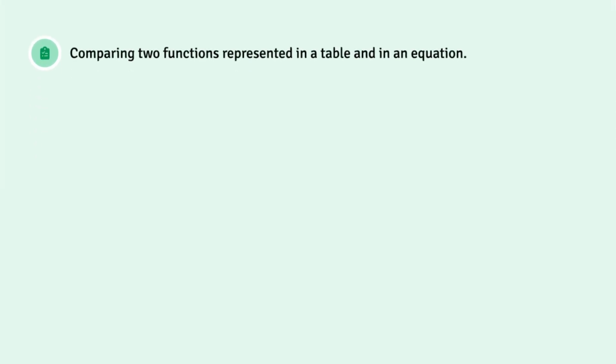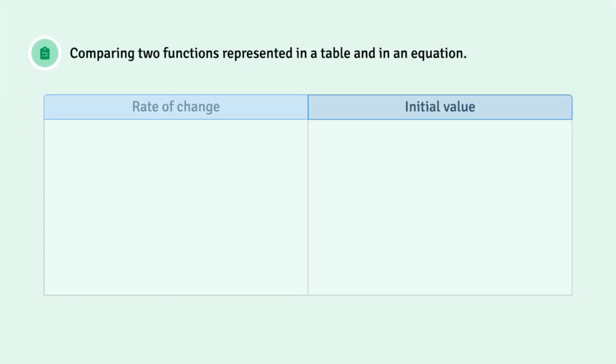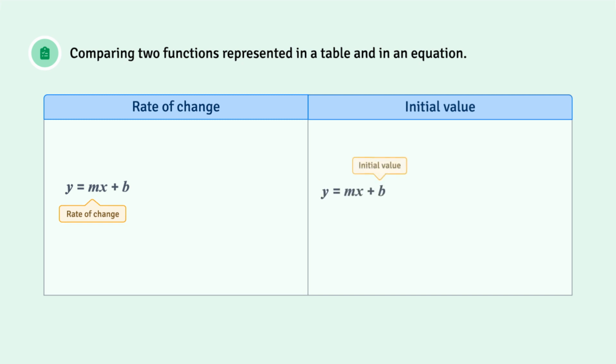When comparing two functions represented in a table and in an equation, the main features to compare are the initial values and the rate of change. If the function is represented in an equation of the form y equals mx plus b, the rate of change is m and the initial value is b.